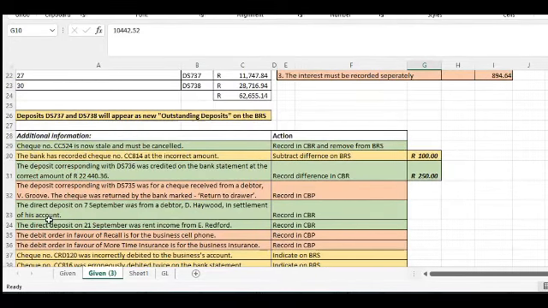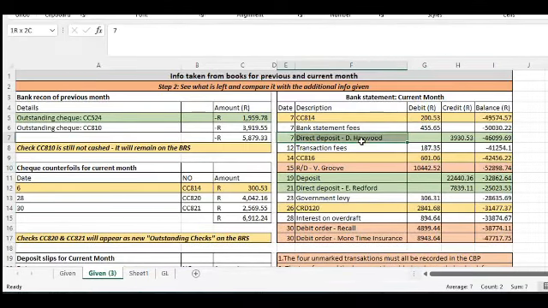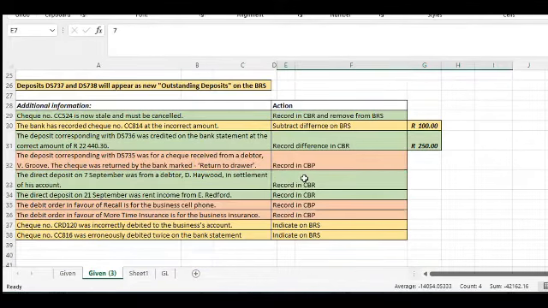Okay, next thing we see is that a direct deposit on 7 December was from a debtor in settlement of his account. So this guy didn't pay us by coming in. He simply made the direct deposit. We were blissfully unaware of it, but when we look at our bank statement, we pick it up, and so we must now record that transaction in our cash book receipts.